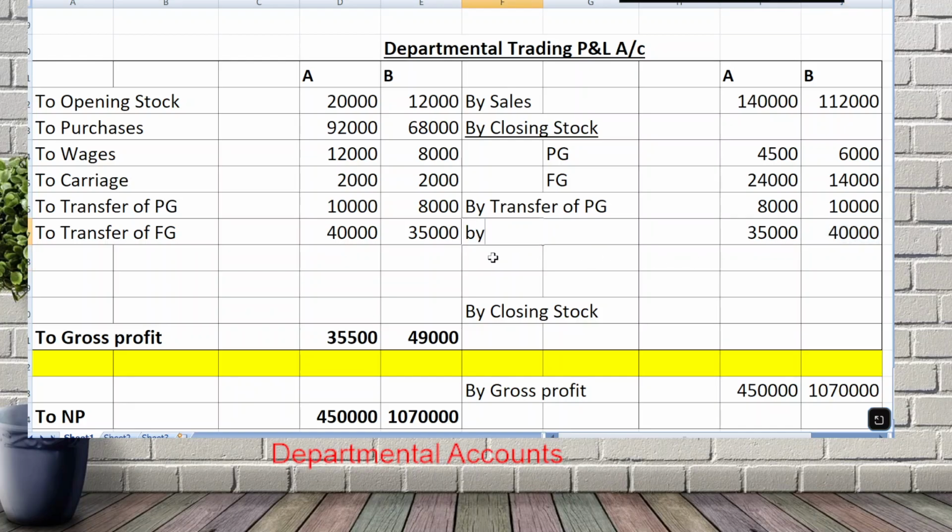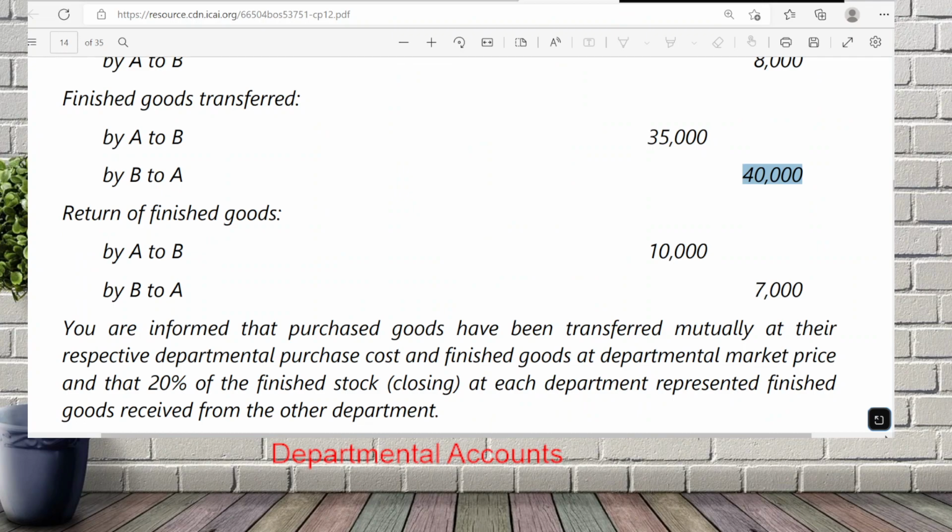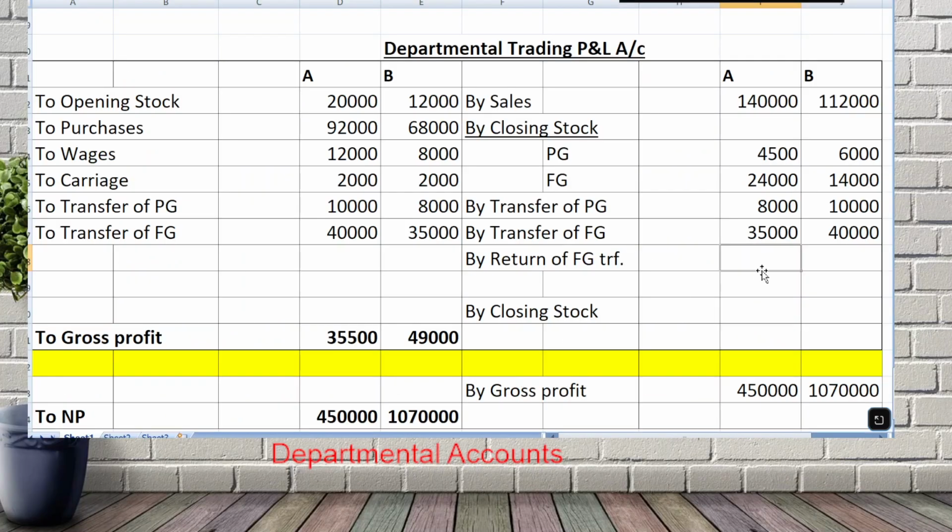Then, return of finished goods transferred. Very simple. Credit the giver. How much did A transfer? How much did B transfer? 7,000. If you think about minus or plus, it becomes very difficult.